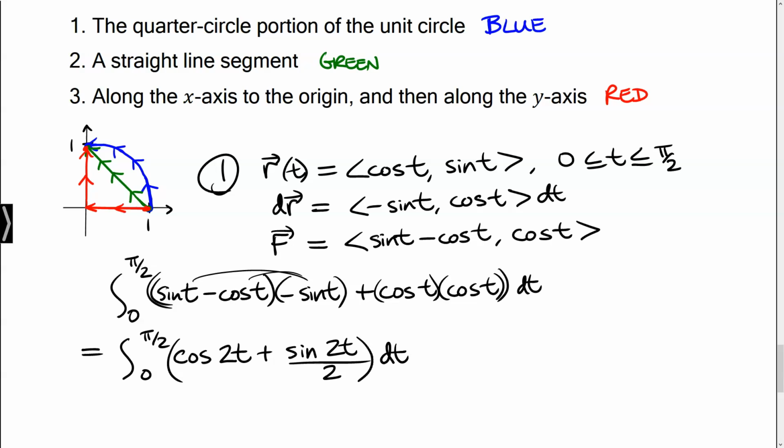Just a couple of trig identities that we're using. So this is going to integrate to sine of 2t over 2, plus, well, actually it's going to be minus cosine 2t over 4, between 0 and pi over 2.